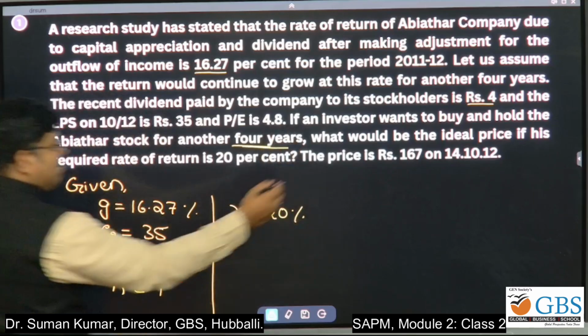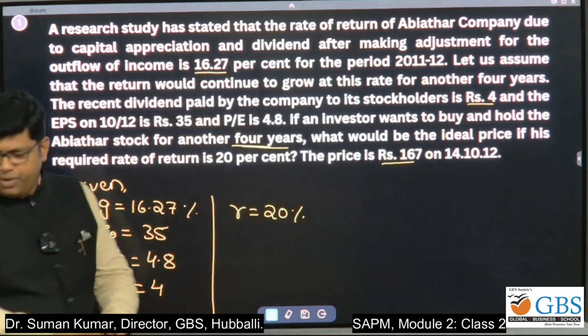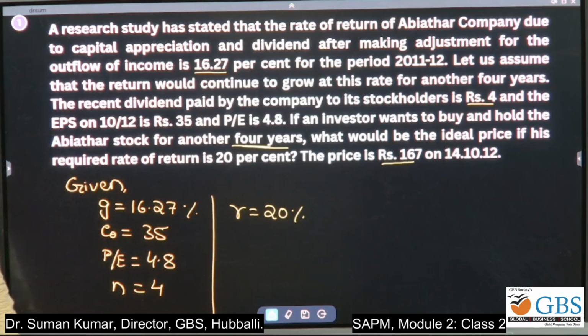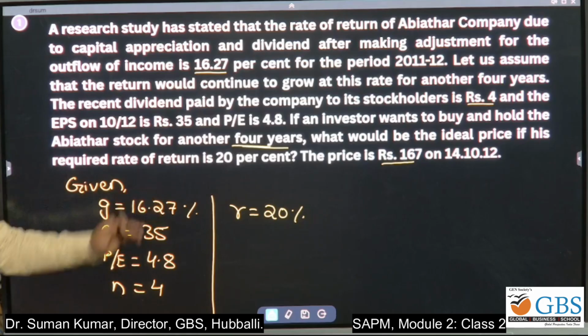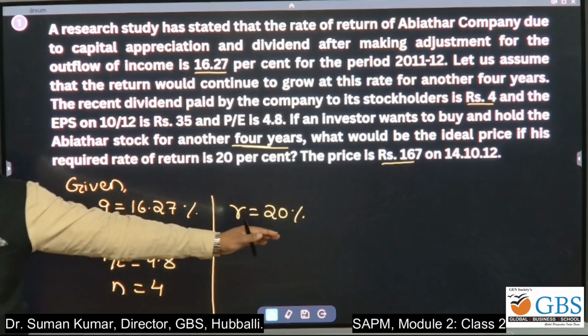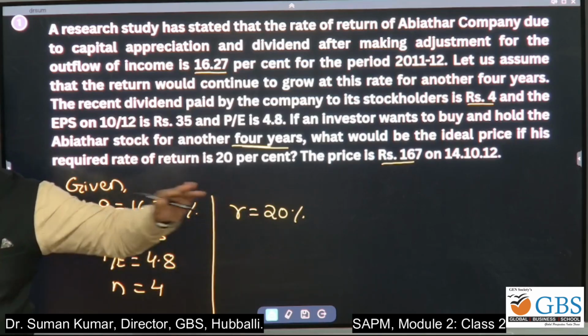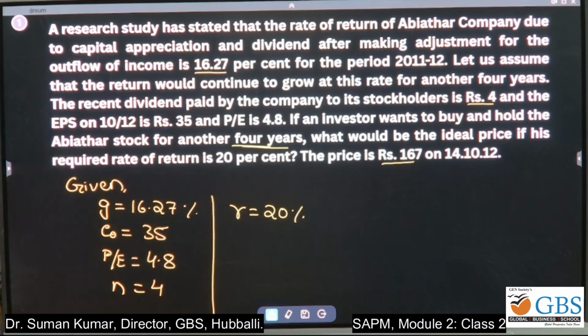The present price in the market is 167. We need to find out whether to buy or sell. First write down the given, right? Now write down the formula. I hope you understood which formula to be used.